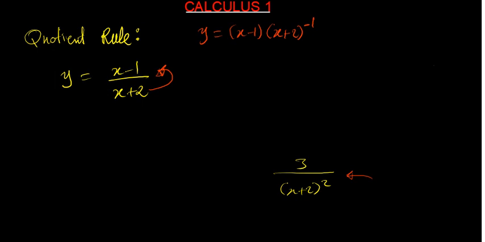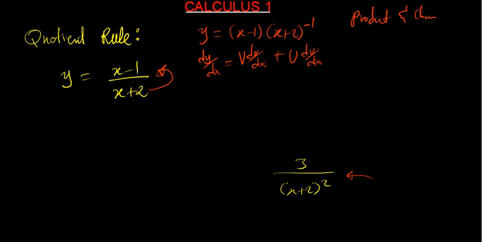So what you are going to use is a combination of the product rule and the chain rule. So according to the rule, dy over dx is equal to v du over dx plus u dv over dx.